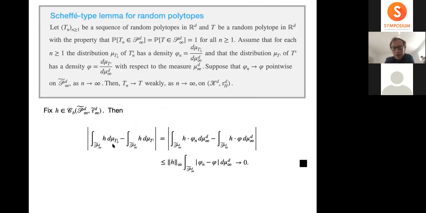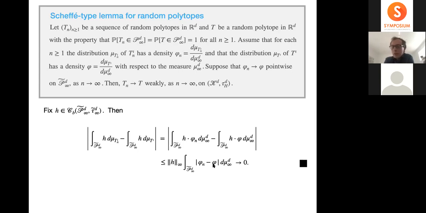These measures here are the vertex representations of the distributions of these random polytopes. They have densities with respect to this infinite Lebesgue measure, so just plug that in. Now use that the function h is bounded, so you can take out the infinity norm of h and use the triangle inequality.